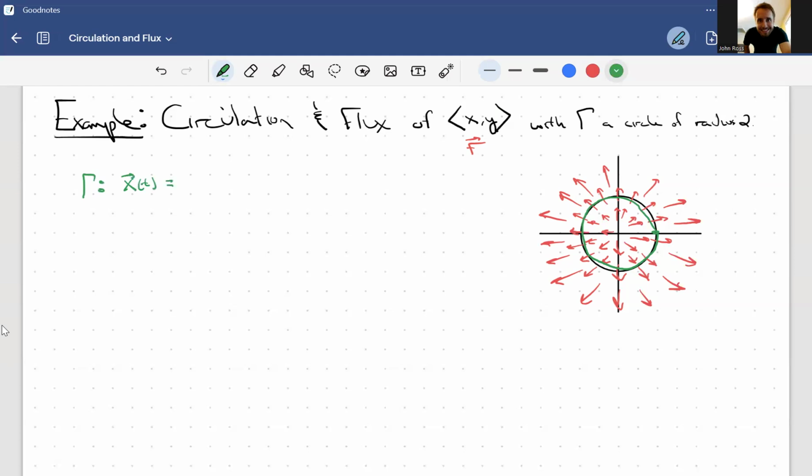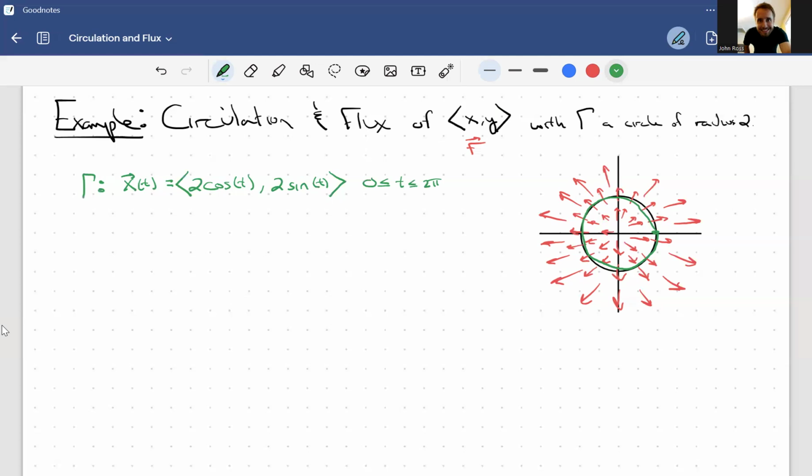X of t equals, and now this was a circle, so we're going to use cosine and sine. It's a circle of radius 2, so let's call it 2 cosine and 2 sine. So we'll get 2 cosine of t, 2 sine of t, and this parameterization is going as t ranges from 0 to 2 pi. We have to go up to 2 pi to complete the circle and make this a true closed curve. So that is going to be our gamma.